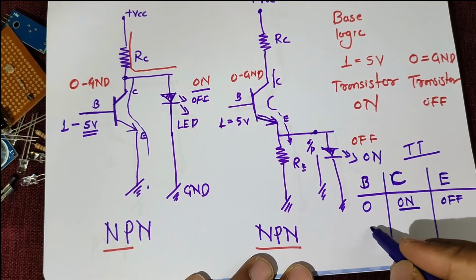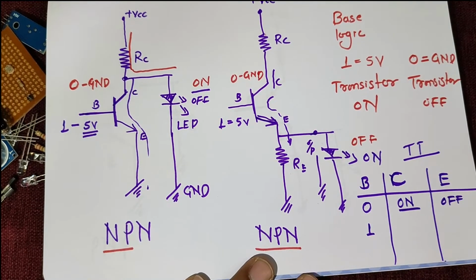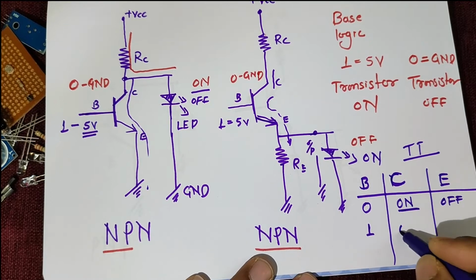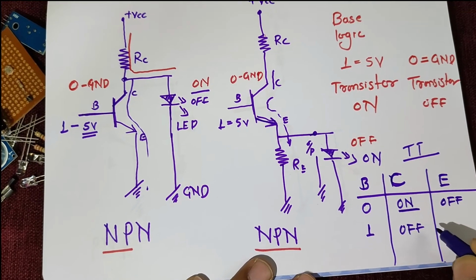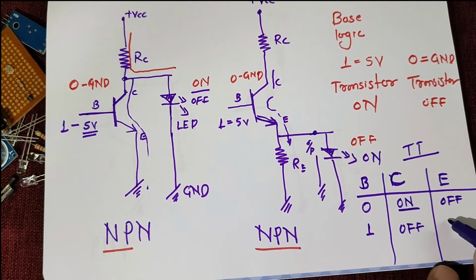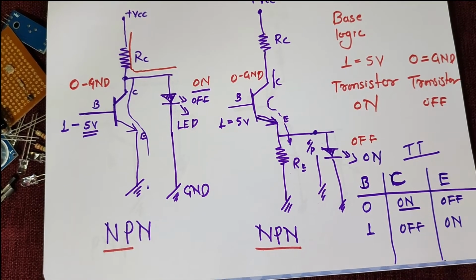If the base logic is 1, that is equal to 5 volt, then the output across the collector will remain off, and with respect to the emitter the output is on. So this is as simple as that.